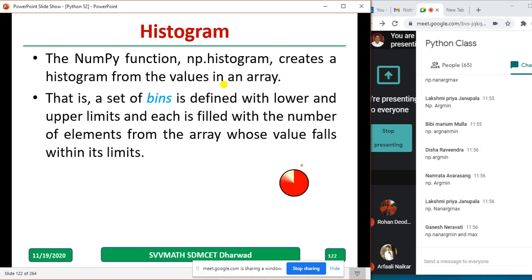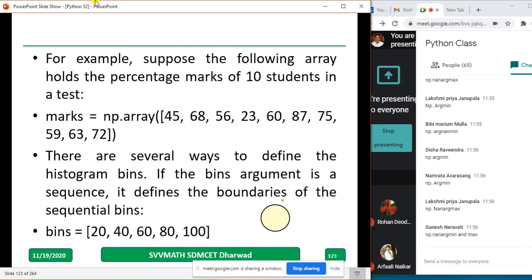Okay, let me go to the next slide. For example, the following array holds the percentage of marks of 10 students in a test: 45, 68, something like that, 72. There are several ways to define the histogram bins. If the bins argument is a sequence, it defines the boundaries of the sequential bins. For example, I can take 20, 40, 60, 80, 100.